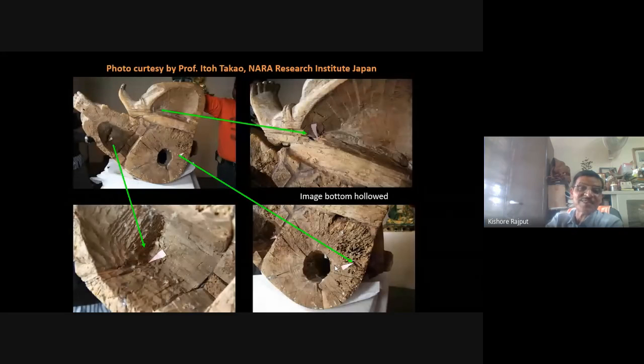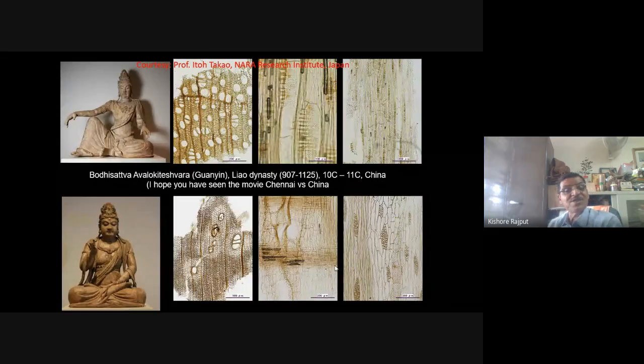The image on the front side remains as such, but from the base portion on the back side you can obtain a very small sample. With the arrow I am showing, you can hardly recognize that a sample has been taken out of the sculpture. This is how the work is carried out.